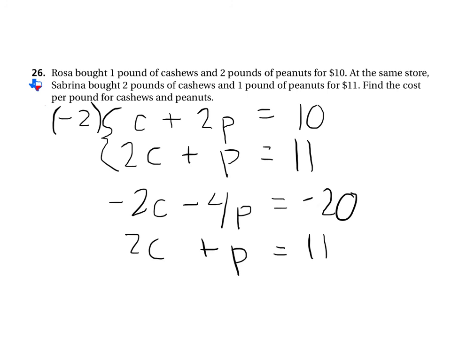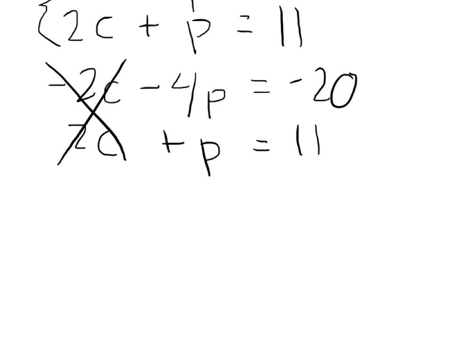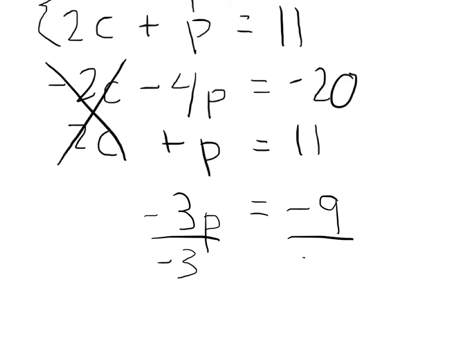Next, you would cross out the c variable because they cancel each other out, and then combine like terms. So -4p plus p is -3p, and -20 plus 11 is -9. So then you divide by -3 on both sides to get p by itself, which gives you p equals 3.